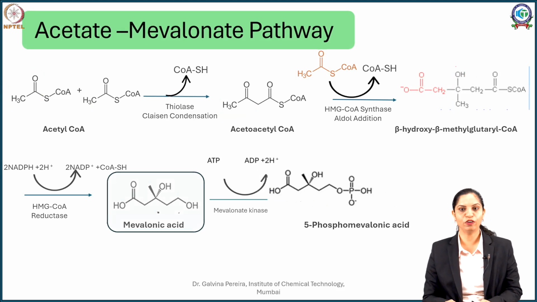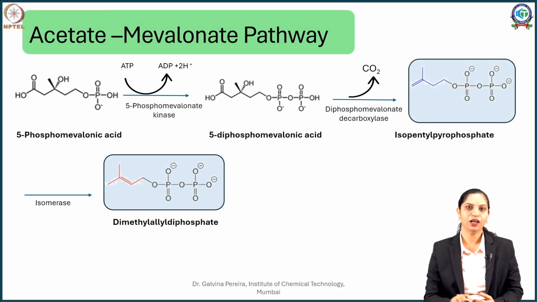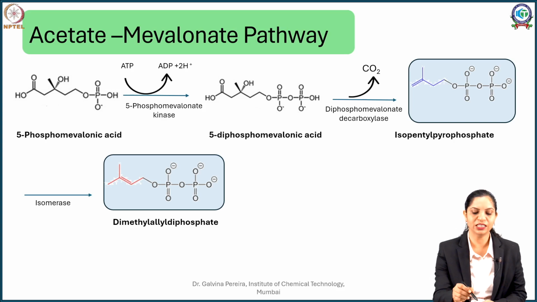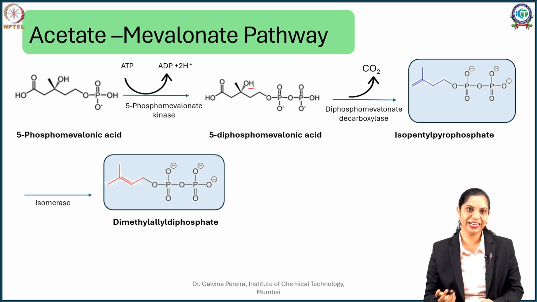Now this phosphomevalonic acid, like I said, depending upon the organism, there are different postulates. One postulate says that it gets phosphorylated one more time at the 5th position to form diphosphomevalonic acid. One postulate also suggests that instead of at the 5th position, it might phosphorylate at the 3 position, giving rise to 3,5 bisphosphomevalonic acid.